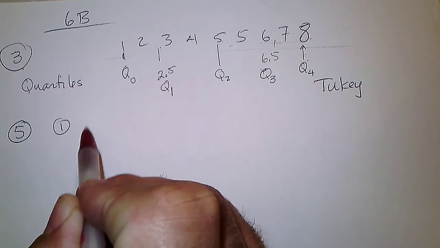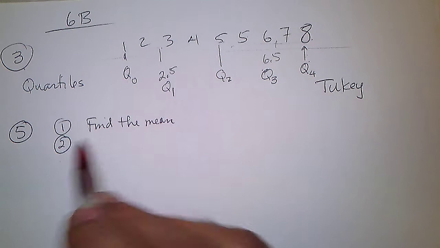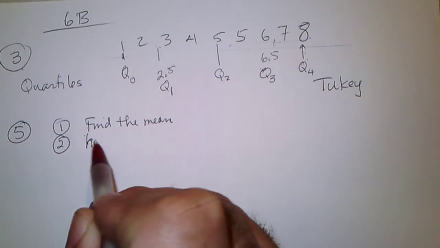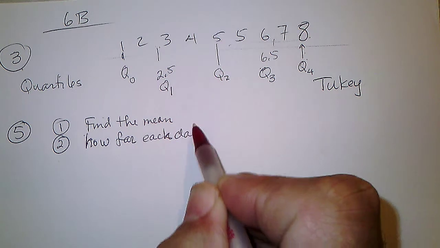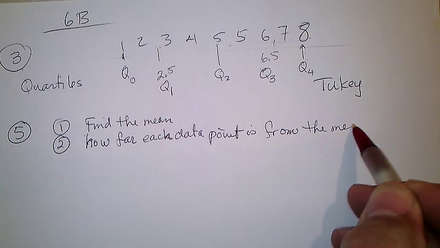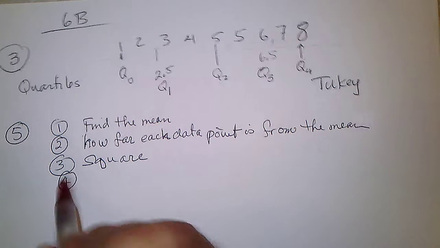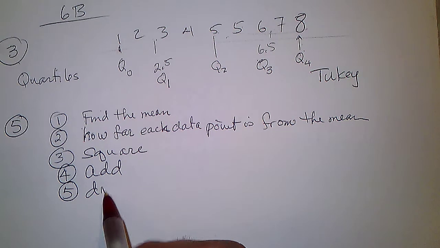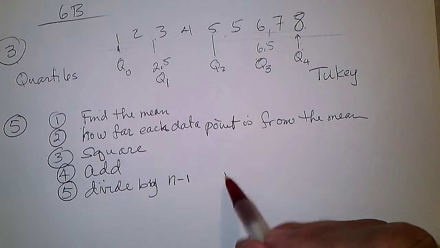So 1, you find the mean. 2, you see how far each number in the data set is from the mean. 3, square that. 4, add these up. 5, if you're doing a sample, divide by n minus 1; if you're doing the population, divide by n.